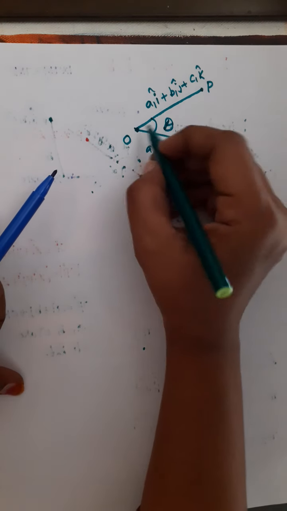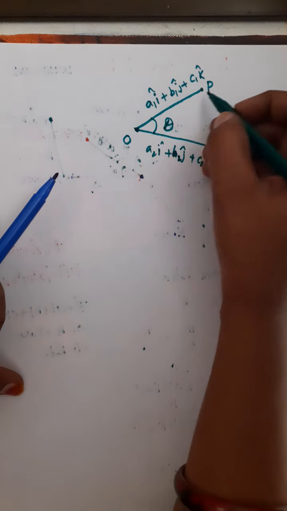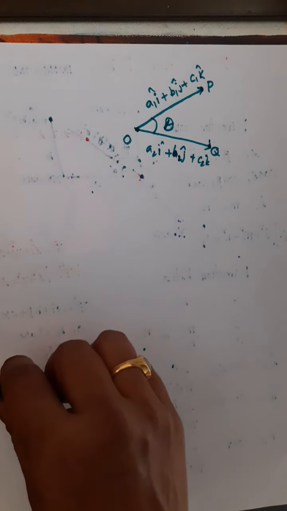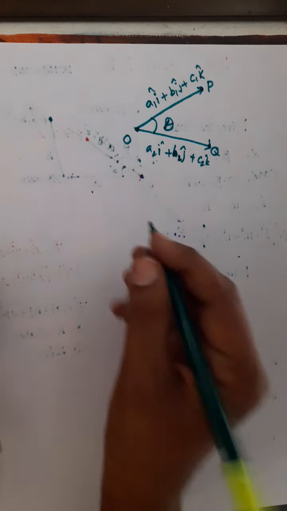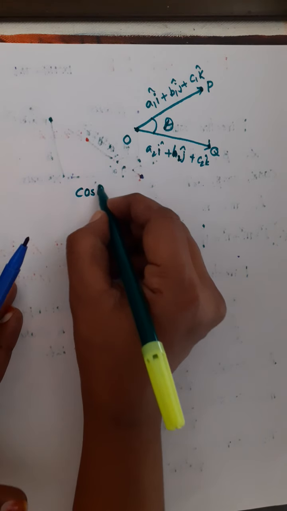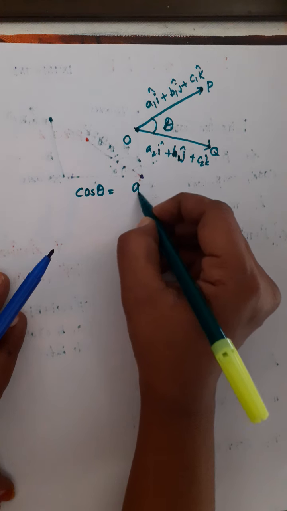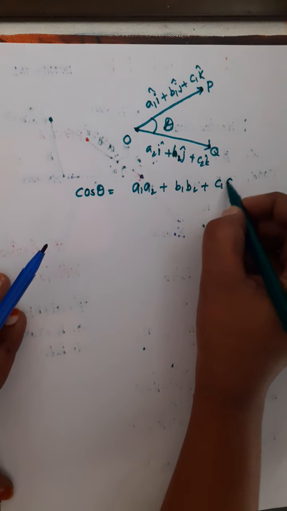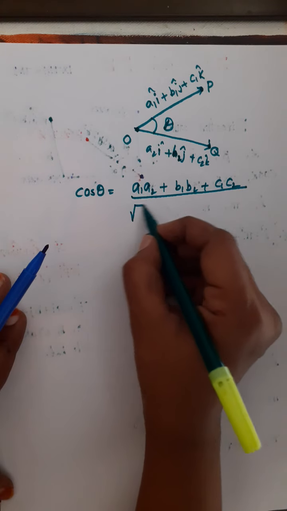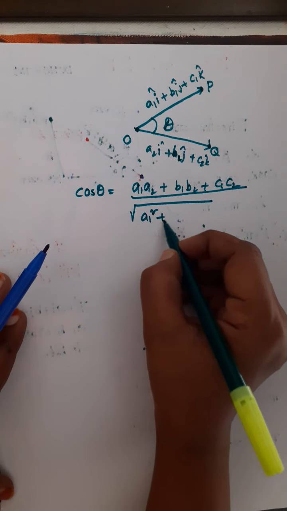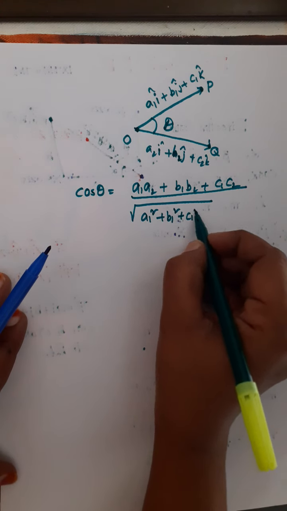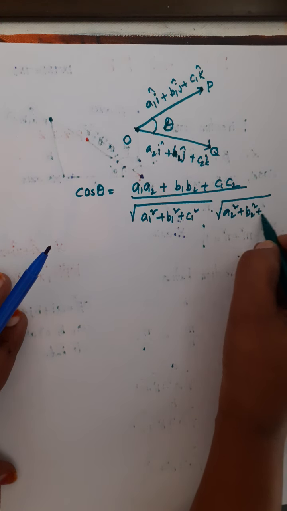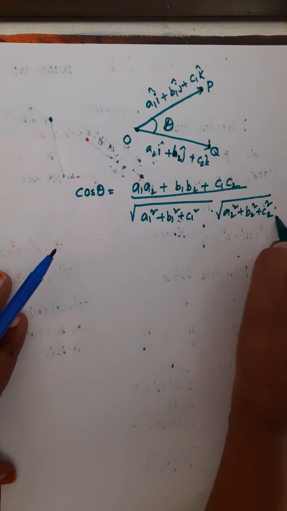That means these are two different vectors, OP and OQ. How do you find the angle between these two vectors? That is given by cos theta is equal to A1 A2 plus B1 B2 plus C1 C2 by under square root of A1 square plus B1 square plus C1 square into under square root of A2 square plus B2 square plus C2 square.